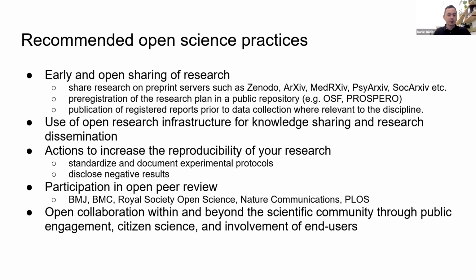You can participate in open peer review, and there are already several journals that offer open peer review, for example, BMC, Royal Society, Open Science, and so on. And of course, you can also openly collaborate within and beyond the scientific community through public engagement, citizen science, and involvement of end users. And this is what we want to talk about right now.